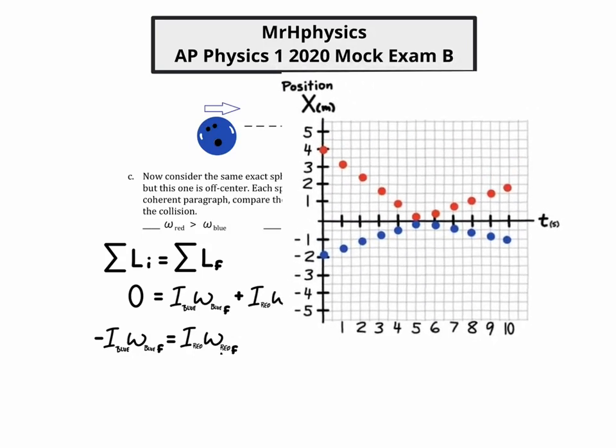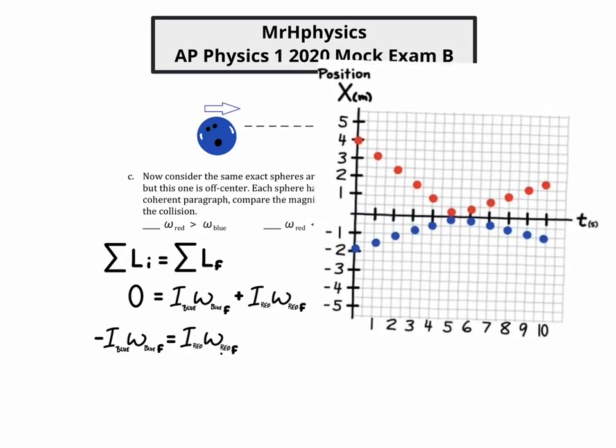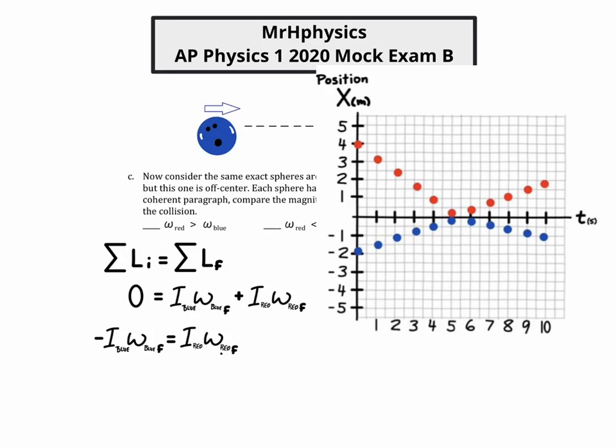This graph gave us some information about how much inertia each of those solid spheres had. If you look carefully, you can tell that the red sphere changes its velocity greater than the blue sphere does, which means that the inertial mass of the blue sphere has to be greater than the inertial mass of the red sphere. How does that help us with moment of inertia?